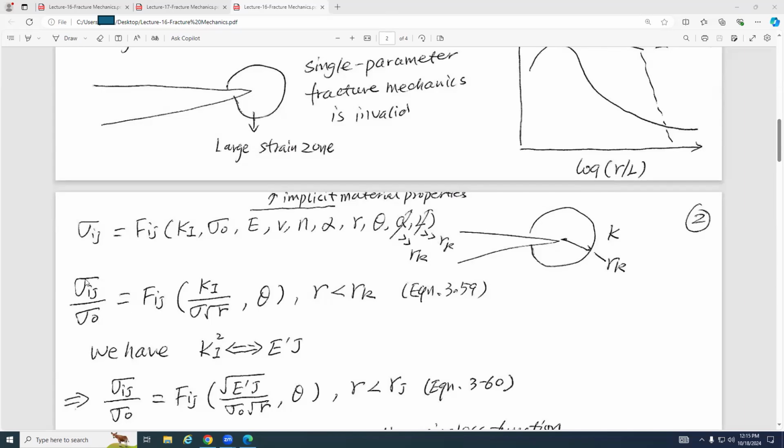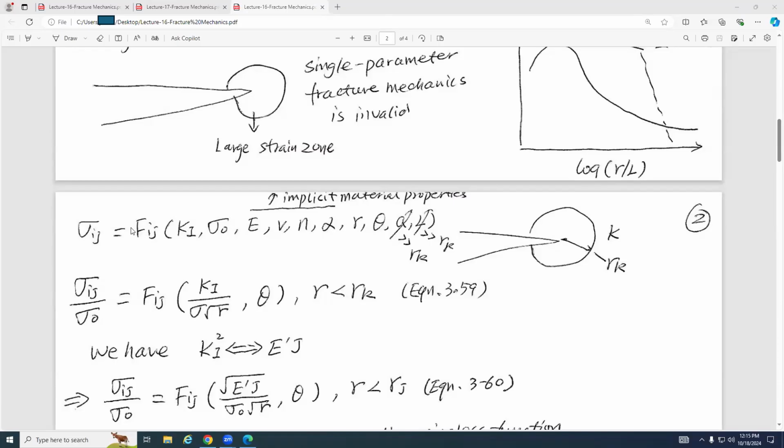So we can just nondimensionalize all these quantities. We divide sigma ij by the reference sigma zero, and we still use fij, though we should use a different letter, and it doesn't matter.